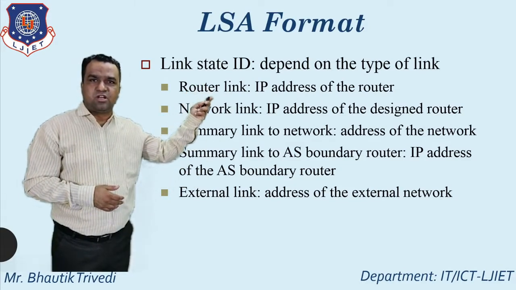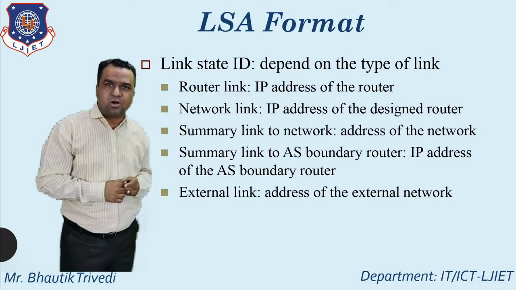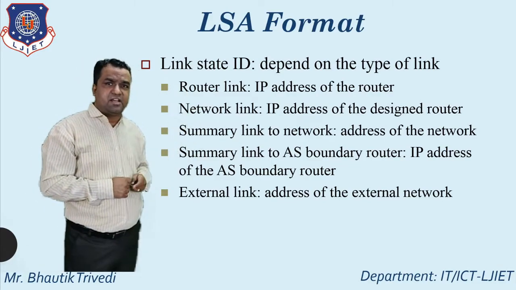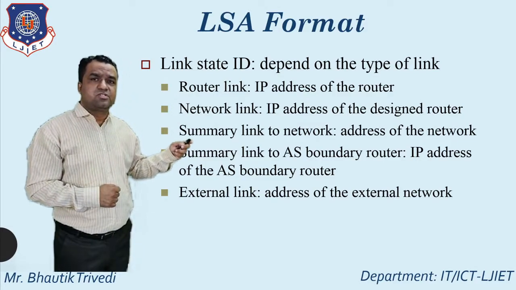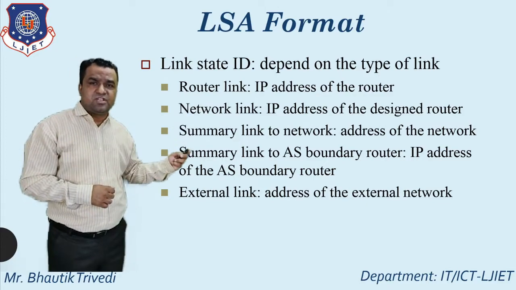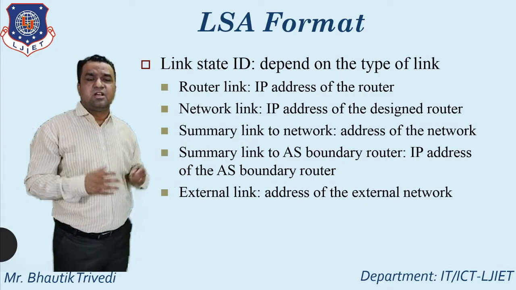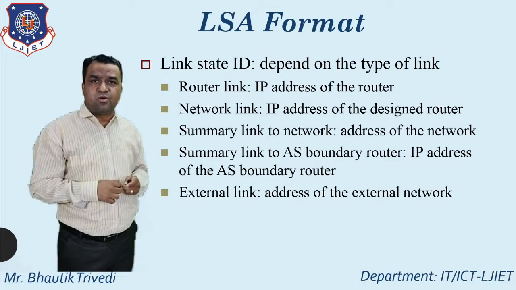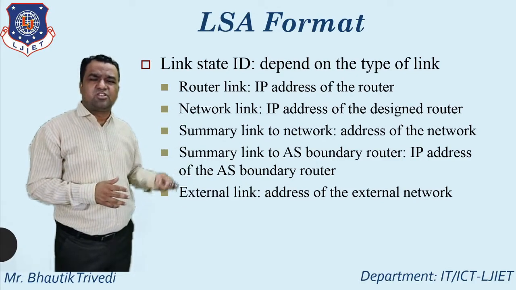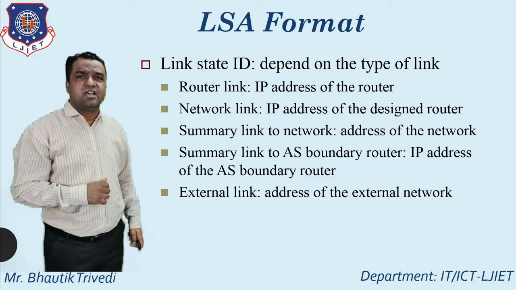If you are using the router link, that is the IP address of the router. If you are using the network link, that is the IP address of the designated router. If you set the summary link to network, that is the address of the network. If you set the summary link to AS boundary router, that is the IP address of the AS boundary router. And external link means the address of the external network. So this is the concept of the LSA format.